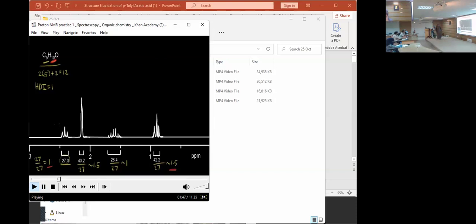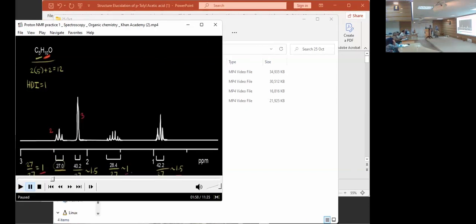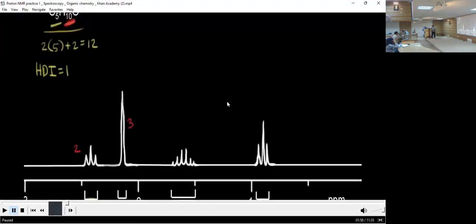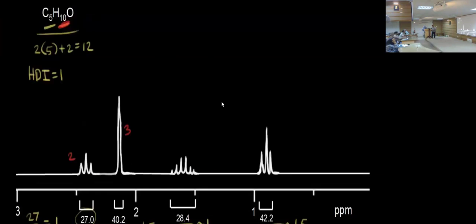If we multiply 1 by 2, we get 2 protons. So this signal represents 2 protons. If we multiply 1.5 by 2, we get 3. So this signal represents 3 protons. Again, if we multiply 1 by 2, we get 2, and if we multiply 1.5 by 2, we get 3.